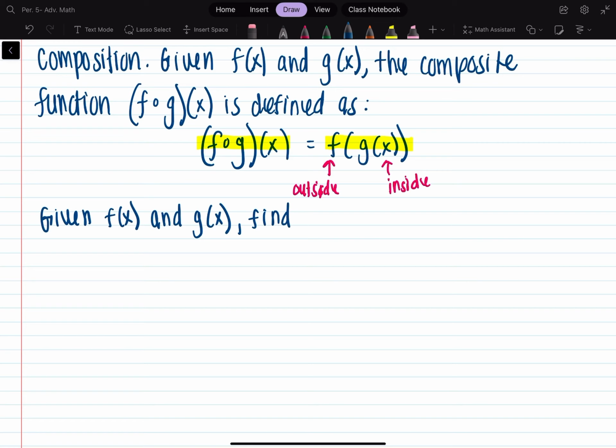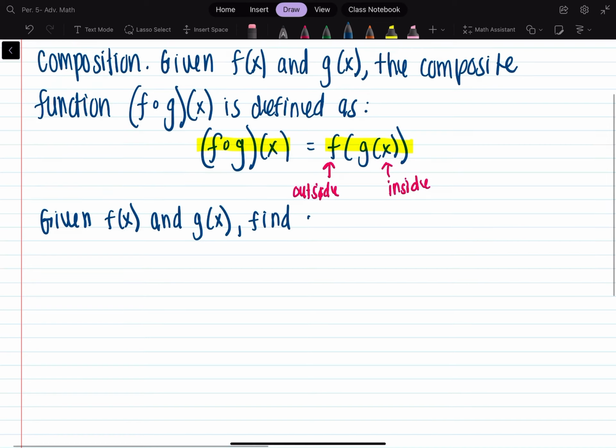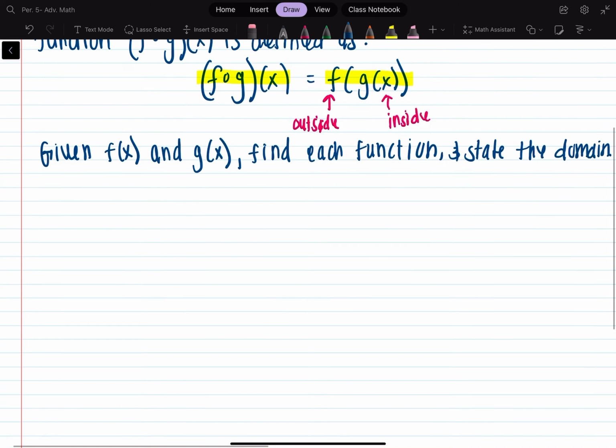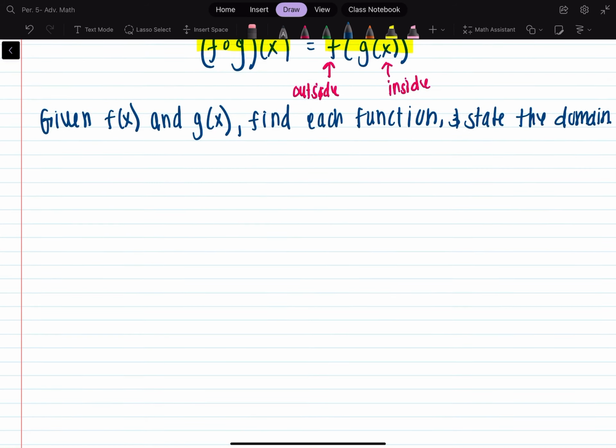In all these questions, it's going to say, given f of x and g of x, you're going to find each new composite function, and you must state the domain. We might need to do a quick refresher on the domain of functions in these examples. So let's go to it.